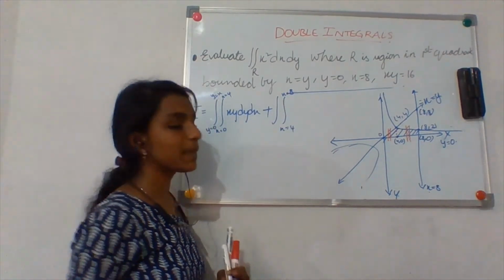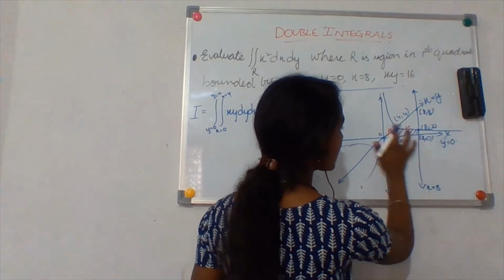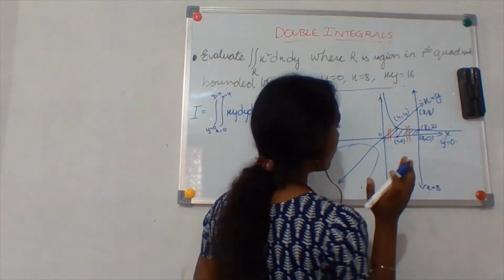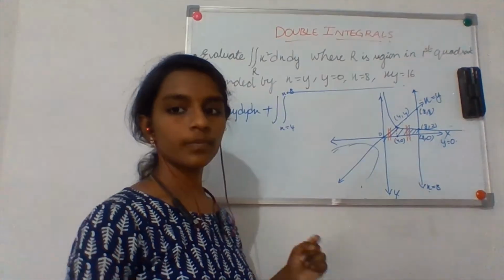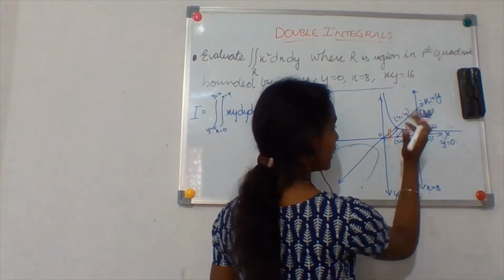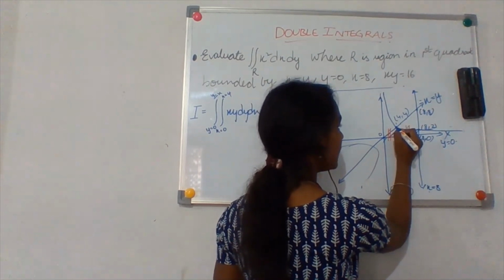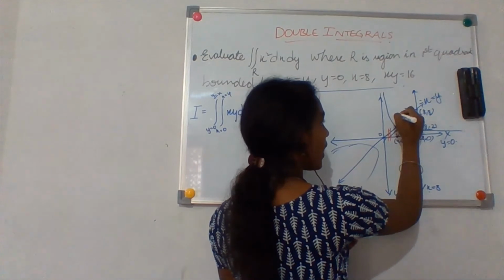And with respect to the y-axis now, this is moving on this curve. So the strip moves from here to here. If I draw a line here, what will this line be?